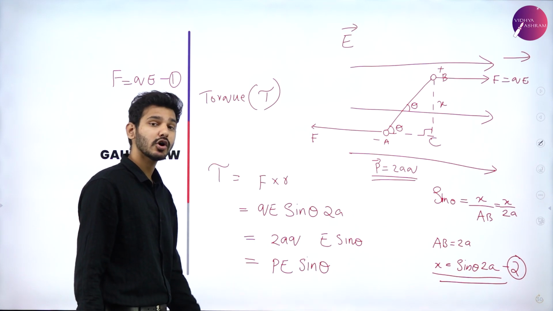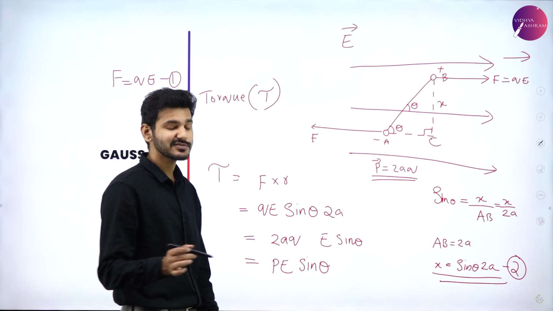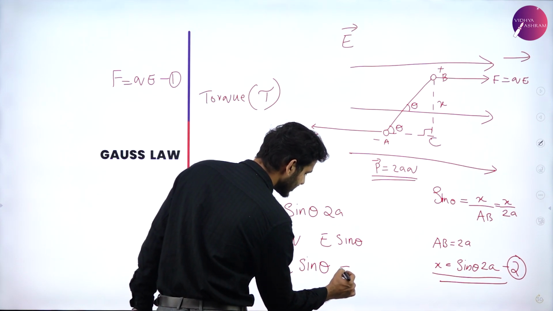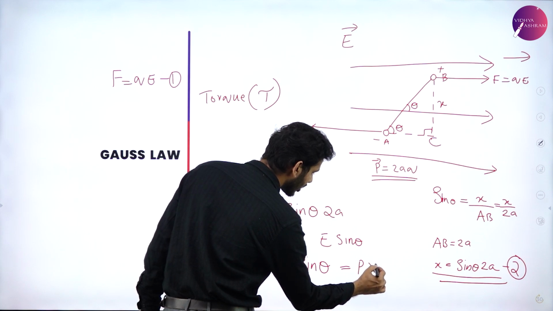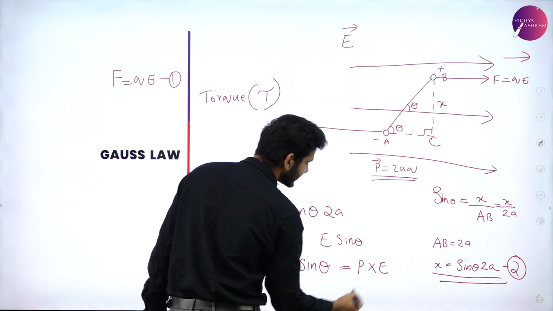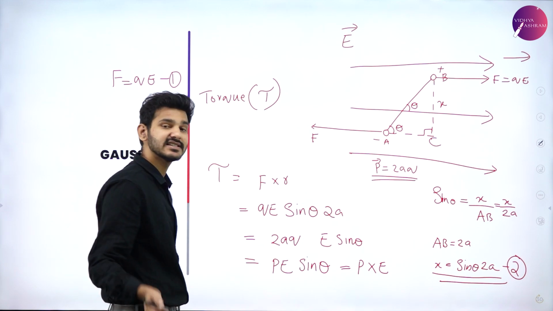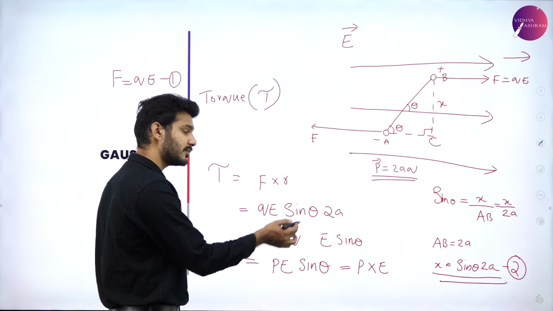So this is the torque experienced by a dipole kept in a uniform electric field, and this can be written as P cross E. Since both of these are vectors and the angle between them gives sine theta, we write it as P cross E.